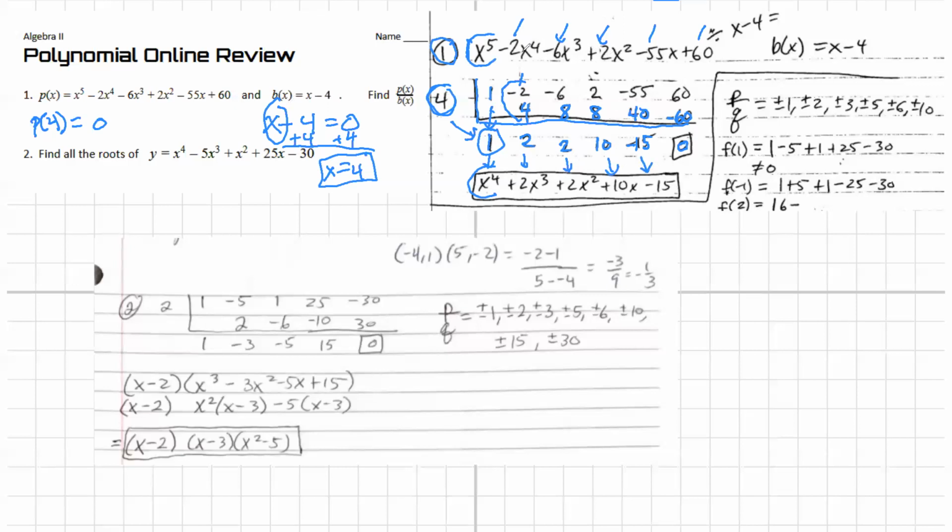So if you were to take this whole x to the 5th polynomial divided by x minus 4, you would get x to the 4th plus 2x to the 3rd plus 2x squared plus 10x minus 15. All right, so that is how you divide synthetically. We could do it long division wise, but for this problem, we don't need to do that.